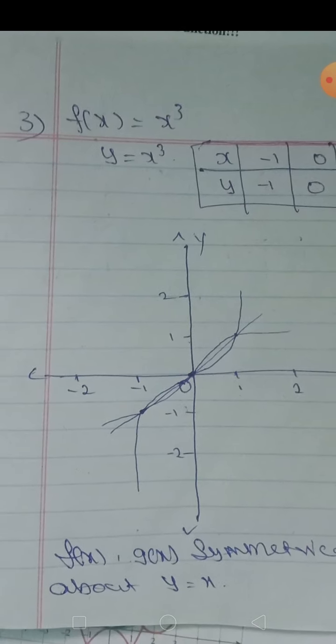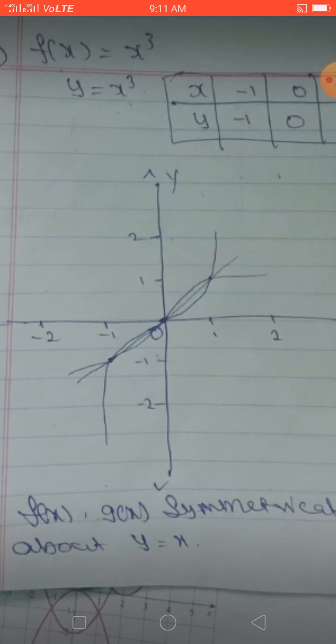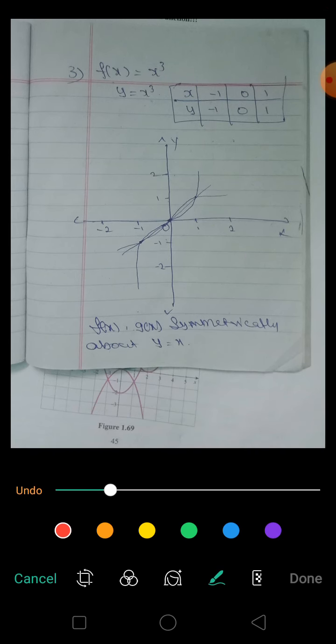So look at that. Minus 1, minus 1 is here, and then 0 comma 0 is here, and then 1 comma 1 is here.